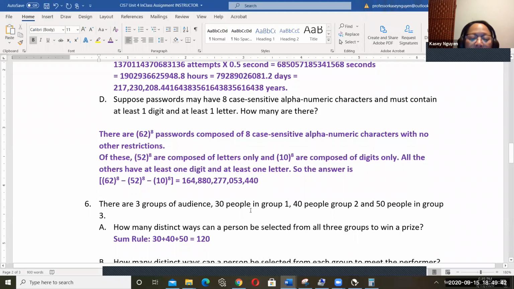We would take group 1, which is 30 people, add it with group 2, 40 people, and add it to group 3, 50 people, which gives us a total of 120. If we pick one person out of the 3 groups of audience, we would have 120 ways to pick one person.